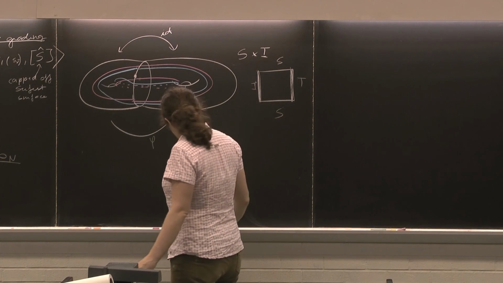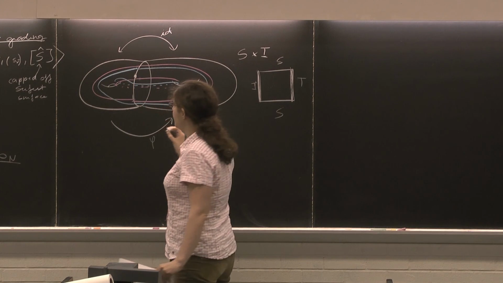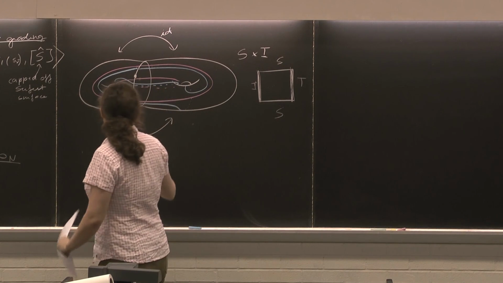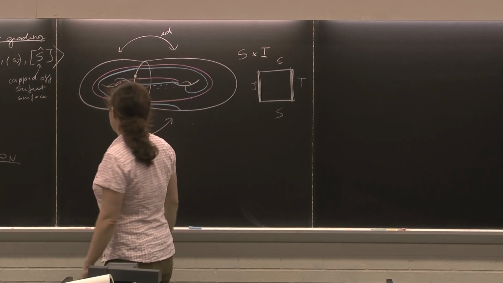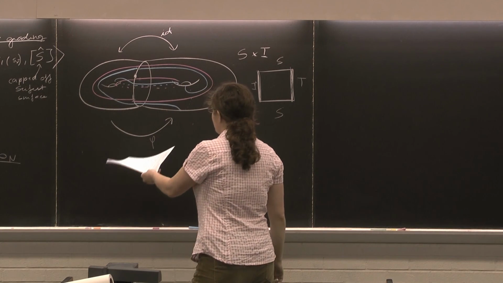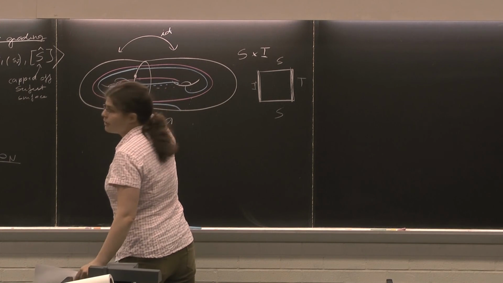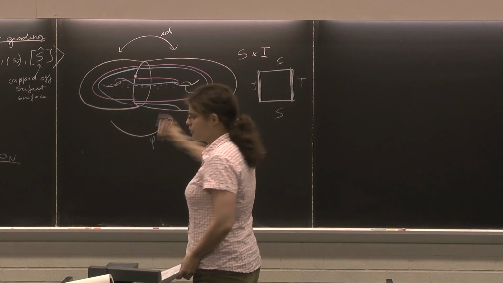And then I perturb these curves here so that they intersect exactly in one point. And I also impose an orientation on which way I perturb it. I'm going to explain it in a minute. So let's look at this picture right now.